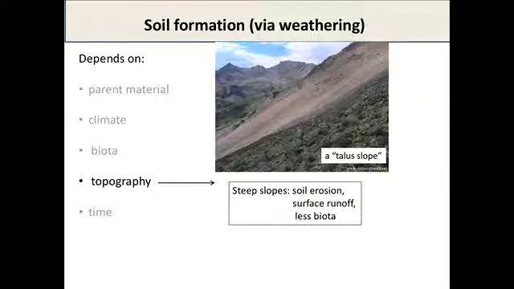We get a rainfall event on there. It's washing a lot of that soil away. Very shallow soils, not much opportunity for organic material to accumulate, not much opportunity for a good, deep, thick soil to develop. Low abundance of biotic material.